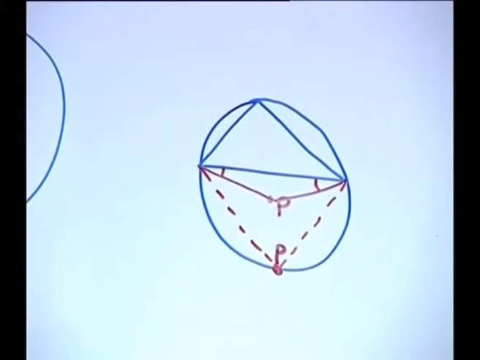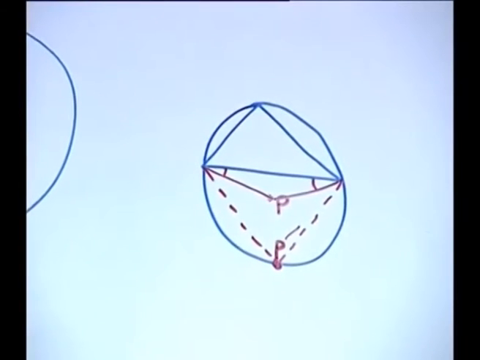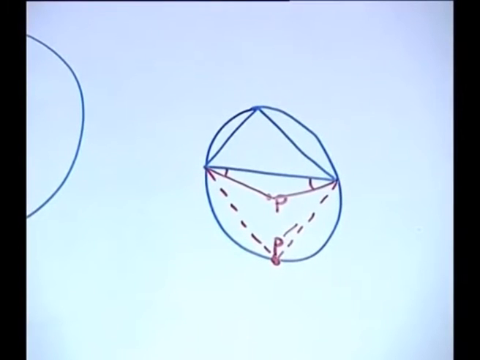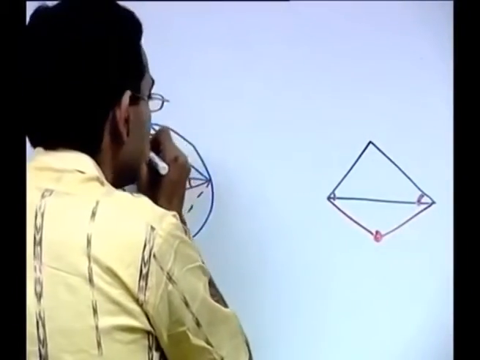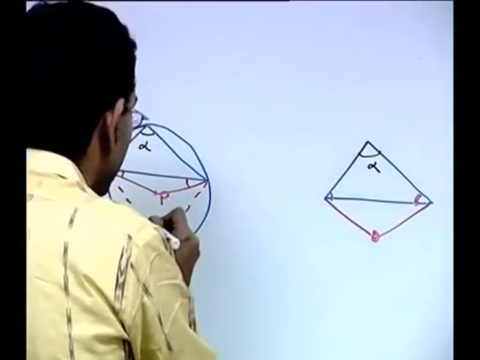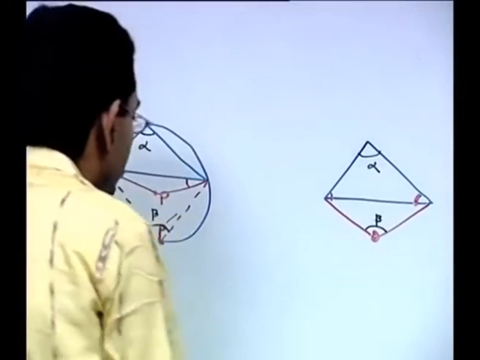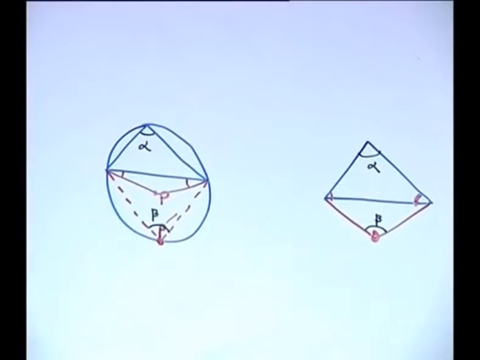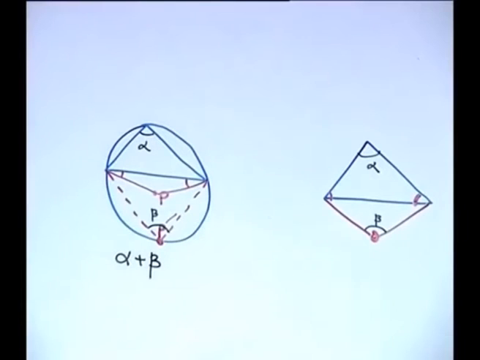Let us call it P prime. Now let us say that we have certain angles, let us call this angle alpha, which is this angle in the figure, and this angle beta. In this figure, what is alpha plus beta? 180 degree.